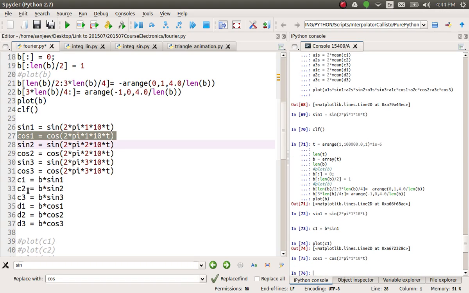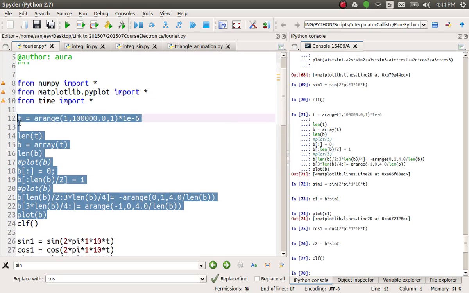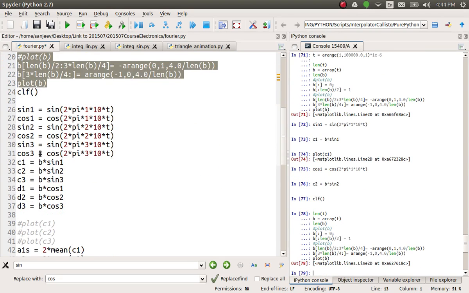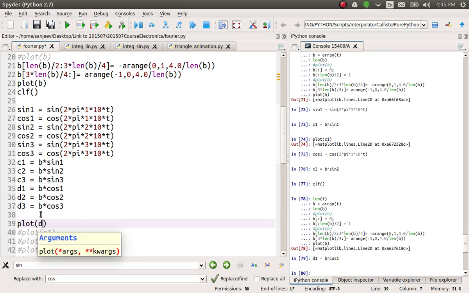So I have cos wave form, the other cos wave form. Let's clear all the other things, plot it again, and there, multiply it, basically plot d1.